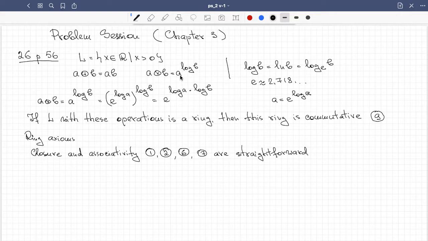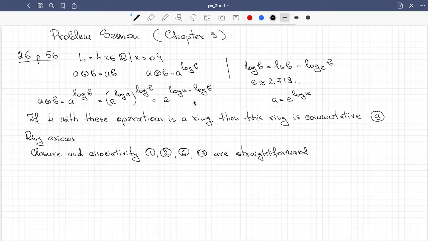You may think about the power when it is not rational, but you may think about the exponential here this way, and of course the exponential takes only positive real values.